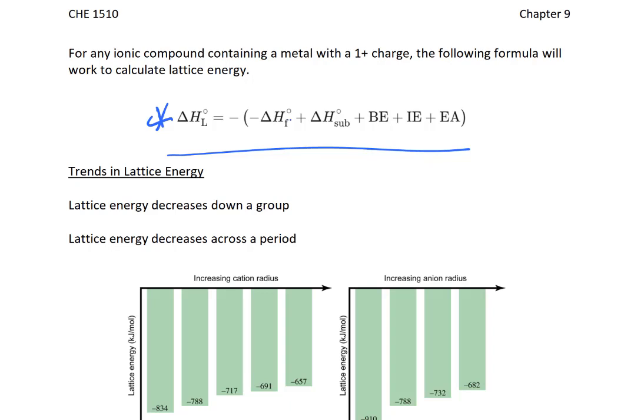So you're going to use the negative of the delta H of formation.